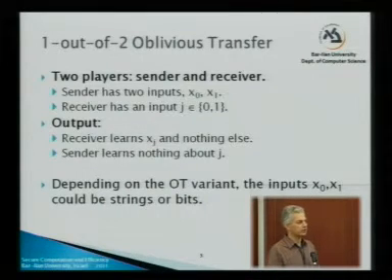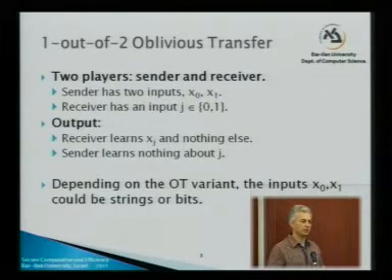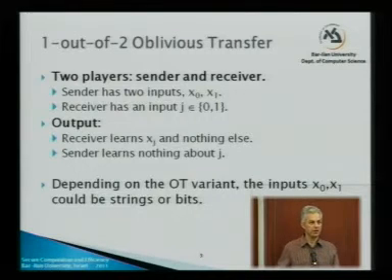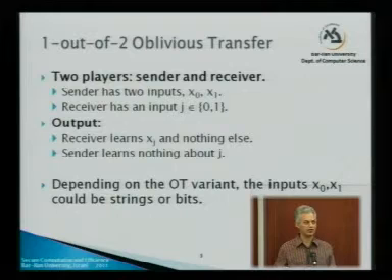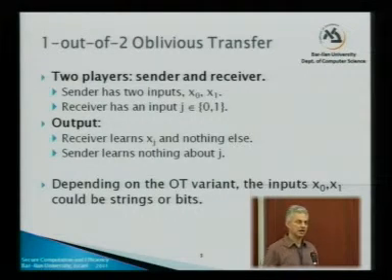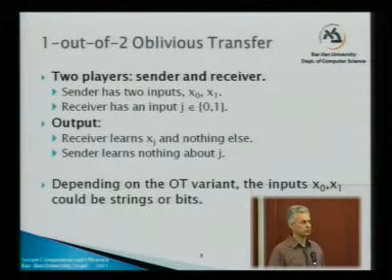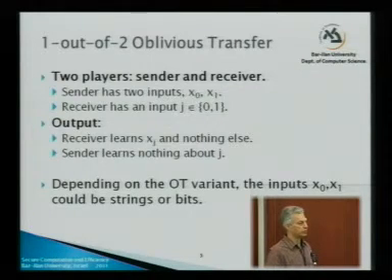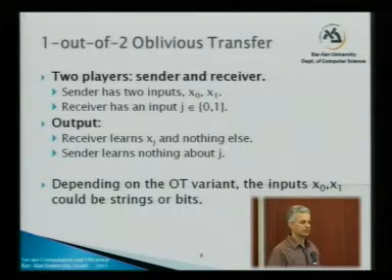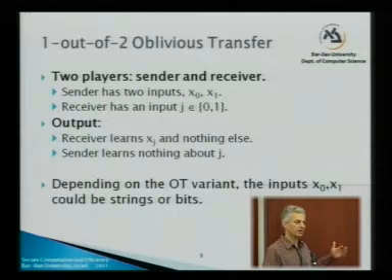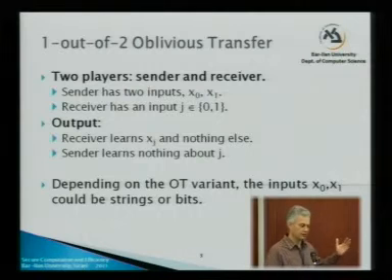He's not able to choose which item he learns. Just the sender has two inputs, and the receiver learns one of them randomly, without being able to decide which of them he wants to learn, and without the sender learning which item the receiver learned. There are all kinds of variants. They're all kind of equivalent to each other to some degree. We're going to discuss this variant, which is important to us in the context of secure two-party computation. For instance, in the case of Yao's protocol, we use them to learn the input values on the input wires.